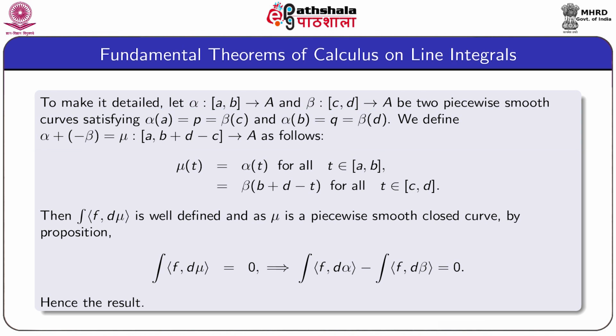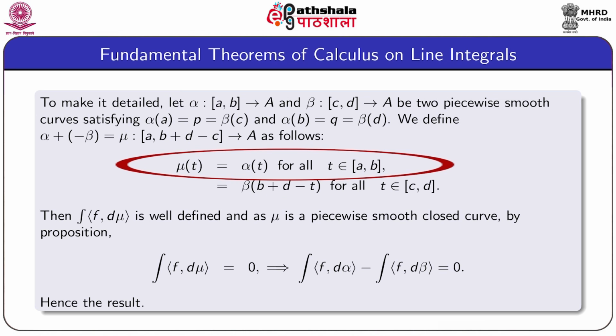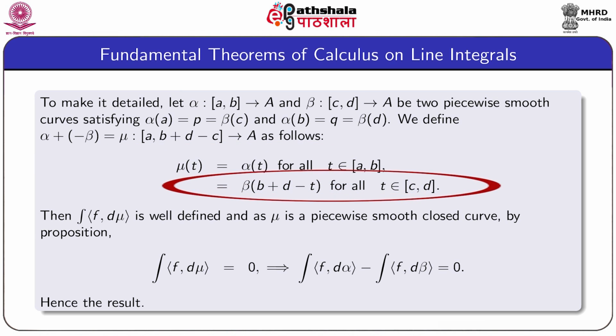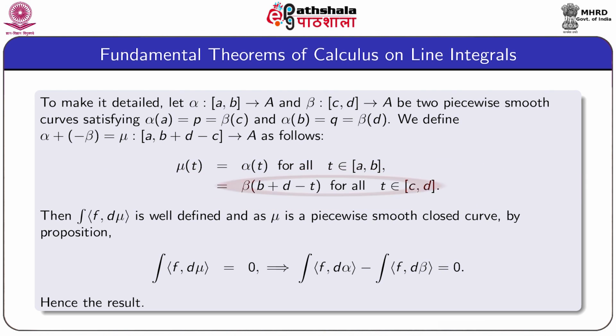We define the join α plus minus β by μ, which is a curve defined over the bounded closed interval [a, b+d−c] to A as follows. μ(t) equals α(t) for every t in [a,b] and equals β(b+d−t) for every t in [b, b+d−c]. Clearly, the line integral of f over the curve μ is well defined and also μ is a piecewise smooth closed curve.